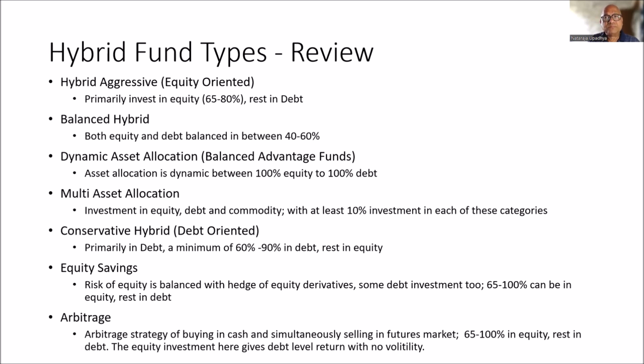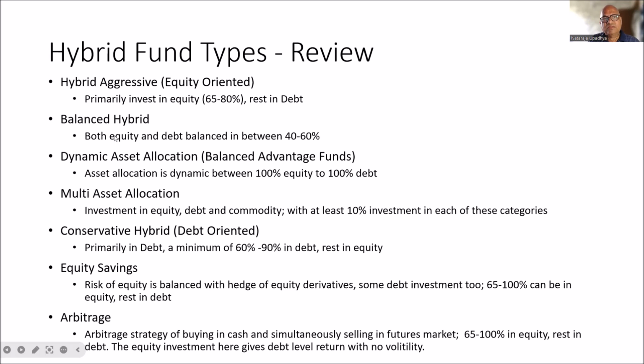Some equity returns that are available because of the annual dividend, etc., can be benefited here. But this arbitrage fund is the one that gives you debt level return in general.